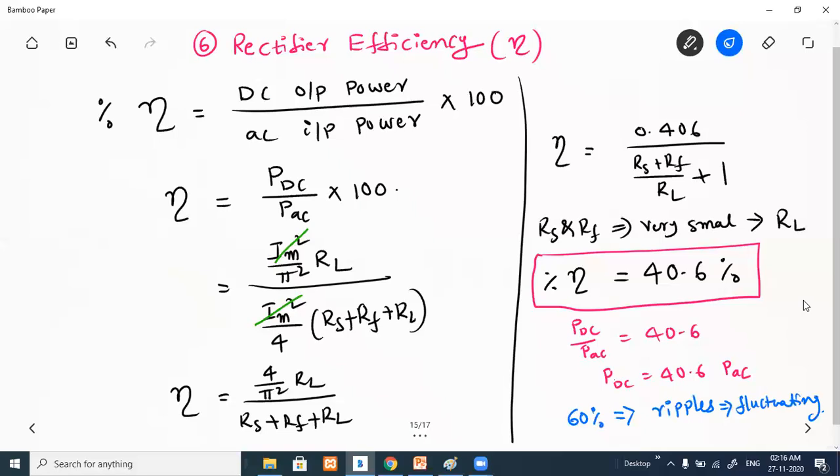Thus, the higher the efficiency, the lower the ripple content in the output. For a rectifier, the efficiency should be as high as possible. If the efficiency is 100 percent, all the AC input power is converted to DC output power. Otherwise, there is some AC component present in the output.